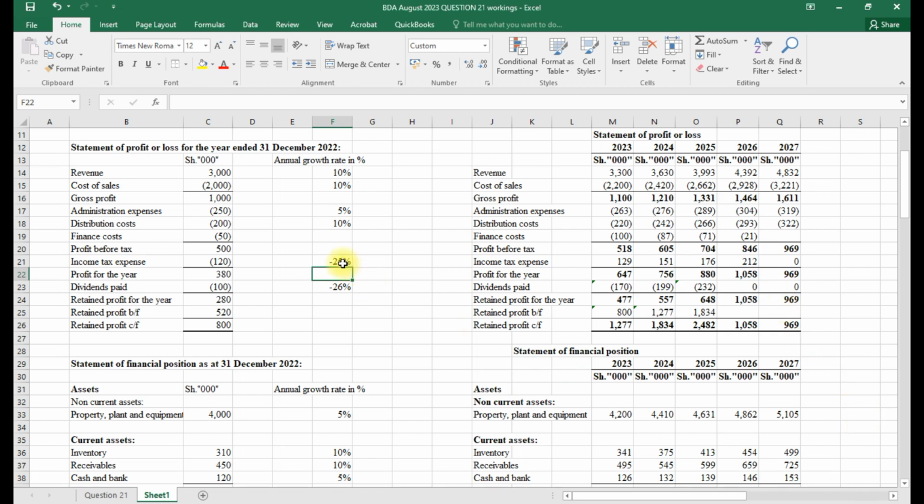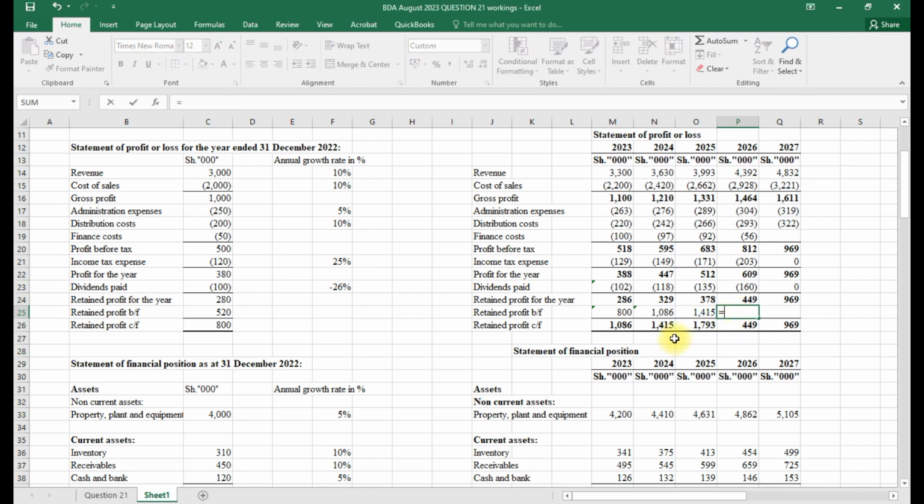No, it will not affect what I have already done here. So for the dividend, it will be this value, and I multiply by our dividend payout rate, to get that as our retained profit.